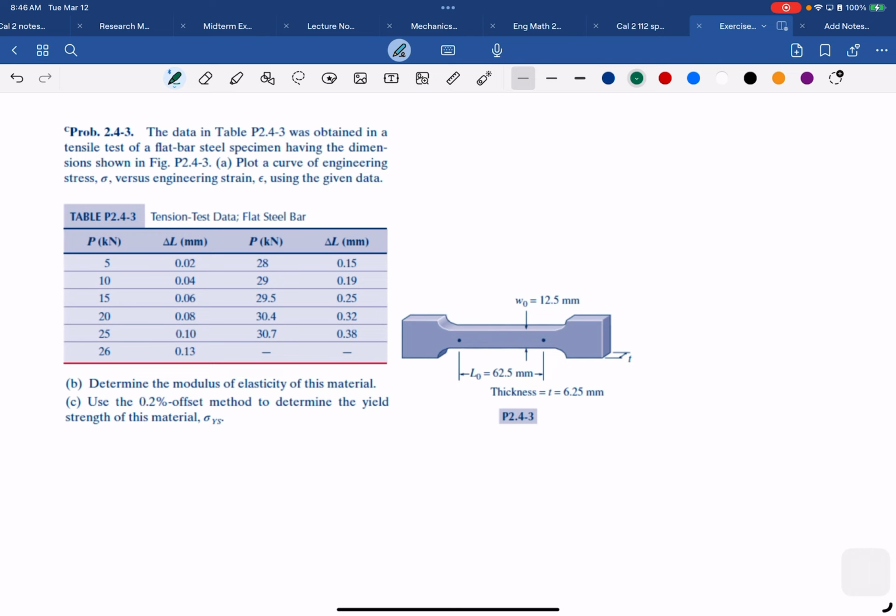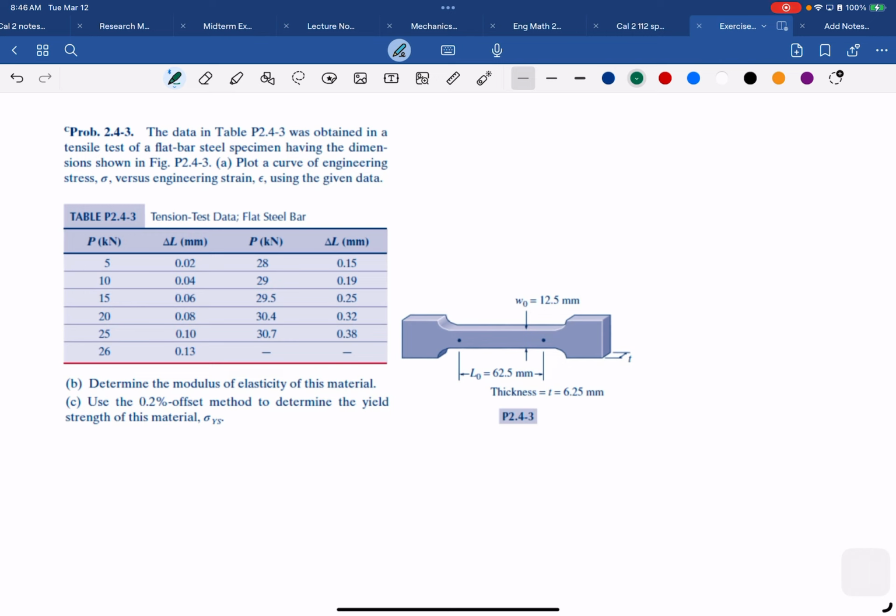And then plot the curve and use the 0.2% offset method to determine the yield strength of this material. So the yield strength could be determined, and this is, I think, for most of the alloy material, especially steel.